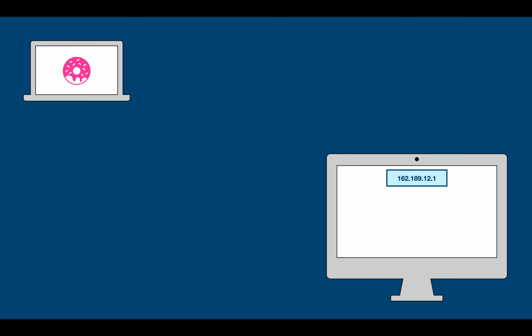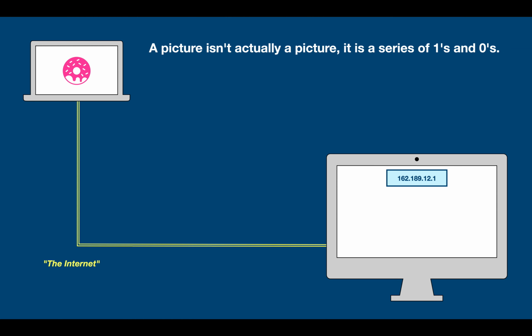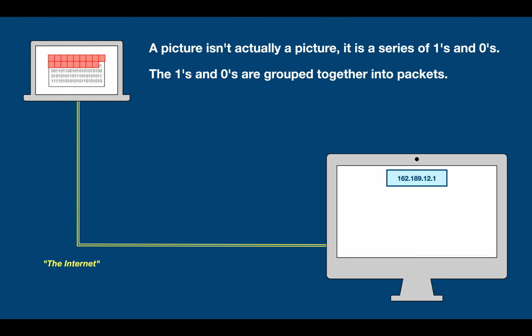So let's take an example of sending a photo between two computers. The first thing to consider is that the picture is not actually a picture. It's a series of ones and zeros, which we refer to as data. Those ones and zeros are far too big to send in one big group.